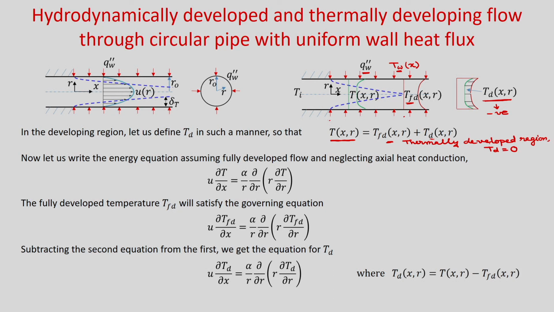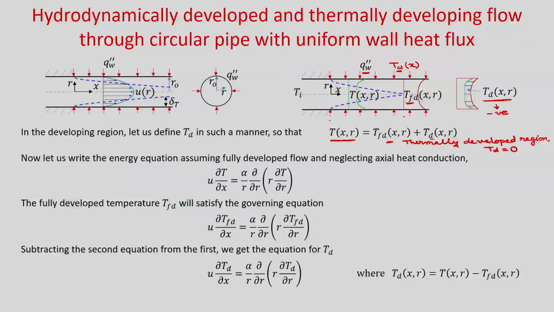So, I hope you have understood how we have defined a temperature in the developing region, Td, which is actually a negative quantity, and has a high value at x equal to 0 at the entrance region, and it will decrease along the axial direction in the thermally developing zone. After that, once it becomes the thermally developed region, this Td will become 0 and your temperature profile T will become TFD.